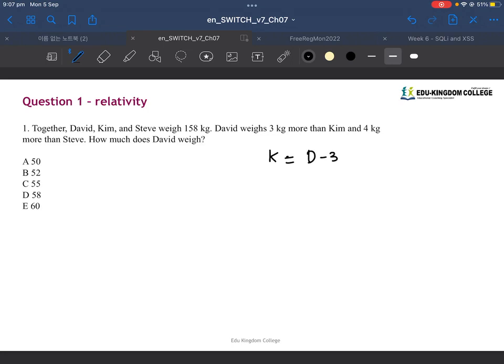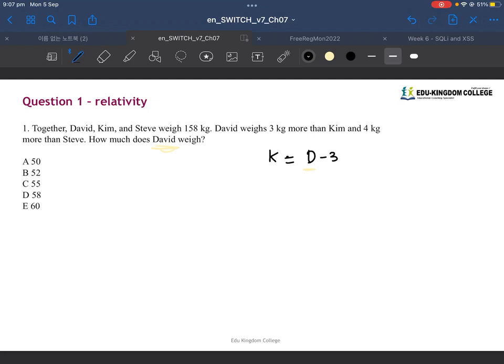You might say D equals K plus 3, and that's completely fine because you can use that method, but I'm defining K in terms of D because I'm trying to find out how much David weighs, so I'm not wasting any time. So K equals D minus 3.